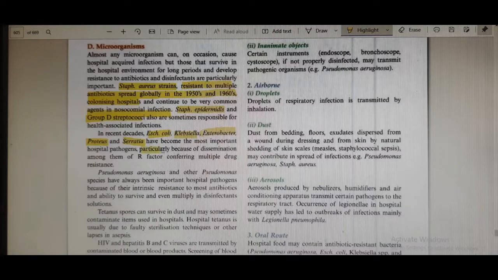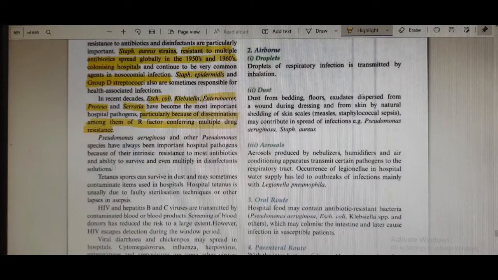So this R factor has been causing multi drug resistance in them, thereby causing health associated infection. In spite of administering any drug, these different microorganisms have been developing R factor in causing infection.